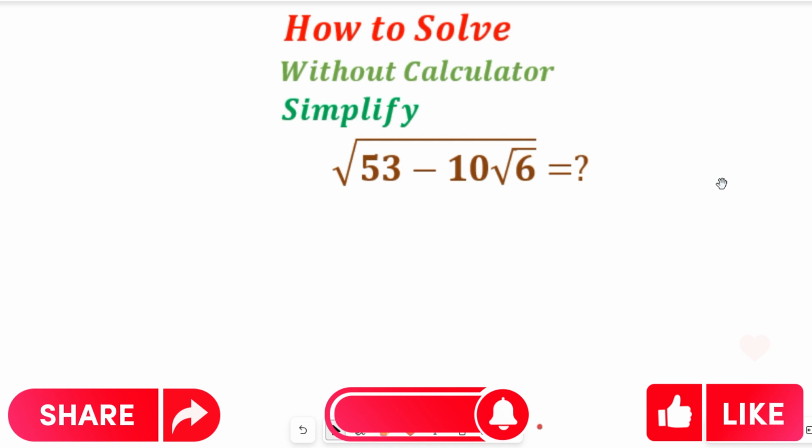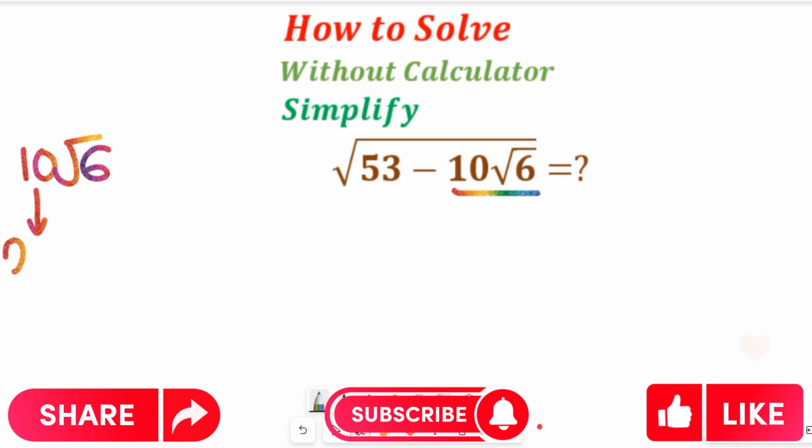Now, to get started, we are first going to consider 10 root 6. If we consider 10 multiplied by root 6, you are going to see that 10 is 2 multiplied by 5, right? That's 10. While root 6 gives us root 3 multiplied by root 2.